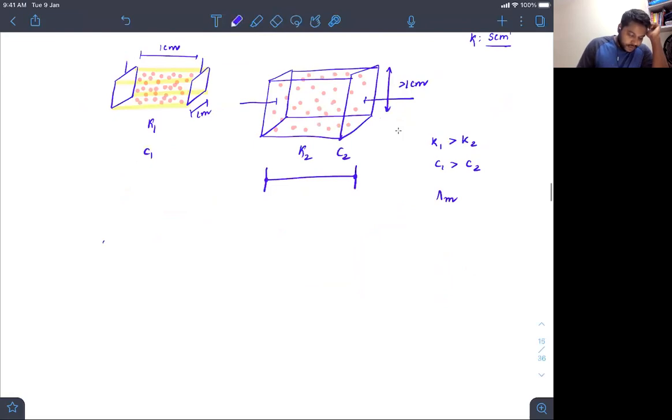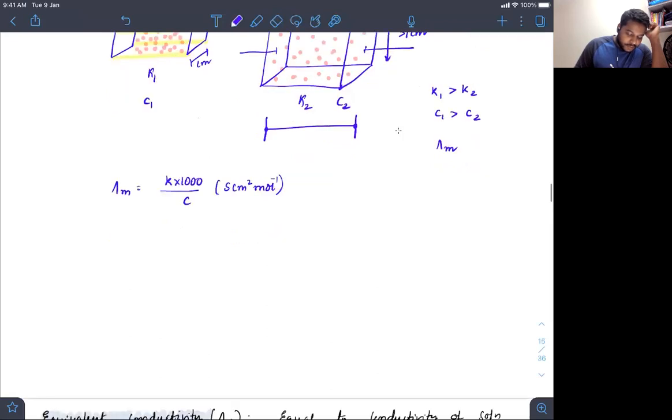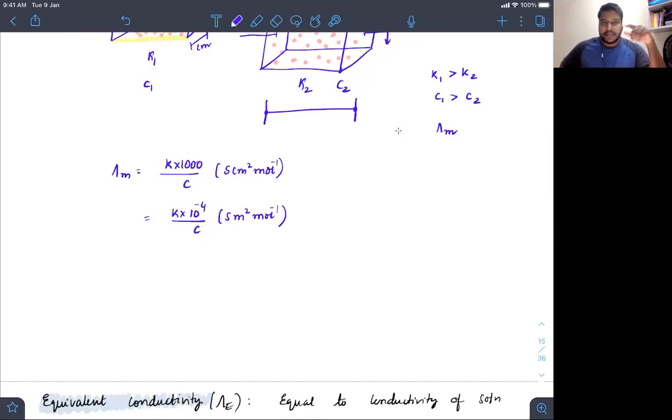So molar conductance lambda m will be equal to kappa into 1000 by C when the units are Siemens centimeter square per mole inverse, or it would be kappa into 10 raised to power of minus 4 by C if it is Siemens meter square per mole inverse.